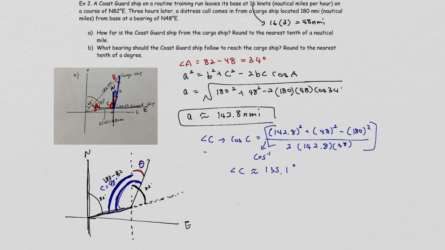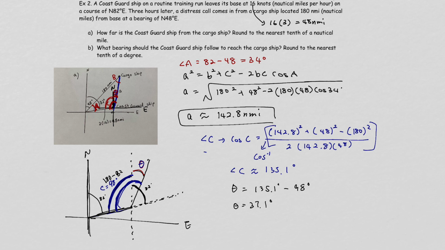So if this is 135, subtract 98, you will get this theta. So that's what we will do. So theta, angle theta, is 135.1 minus 98 degrees, which is 37.1 degrees.